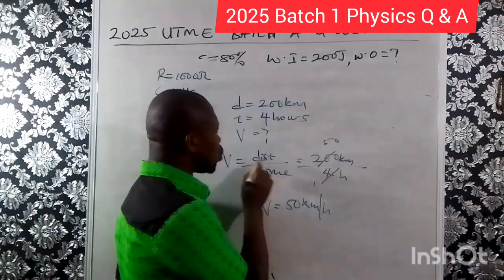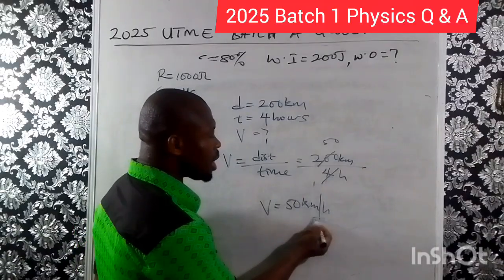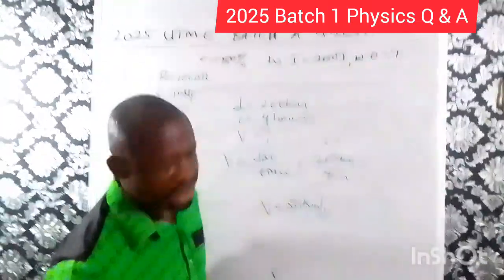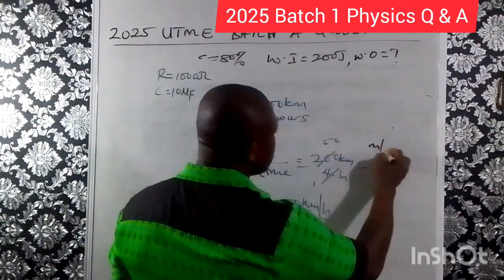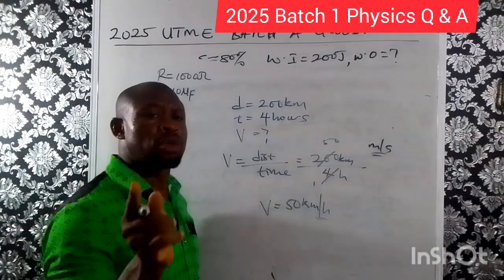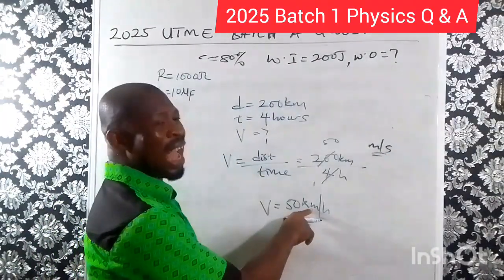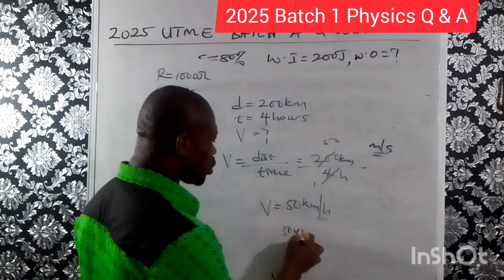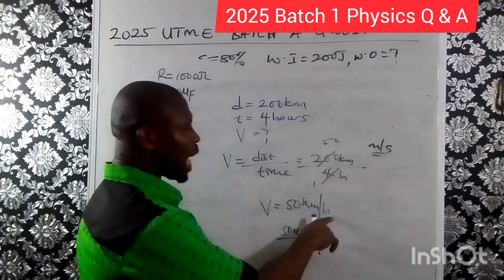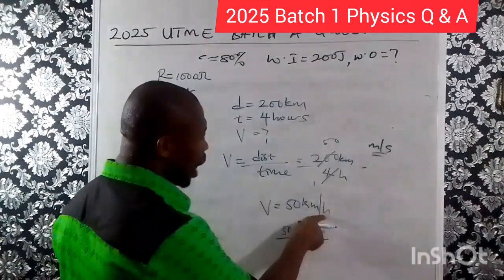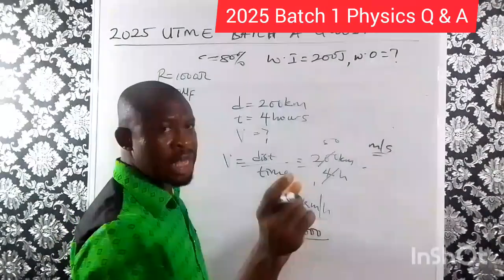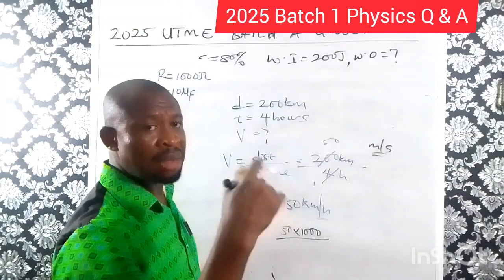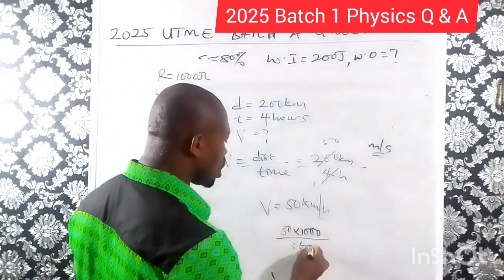Now, I come again. In case you don't have kilometer per hour among the options, and you have meters per second, you can also convert this. Kilo means 1,000. You can now say 50 times 1,000 all over hour. Hour is 1 times 60 minutes times 60 seconds, which is 3,600.